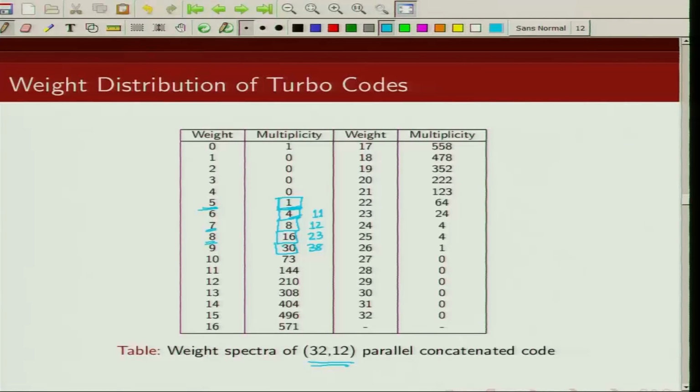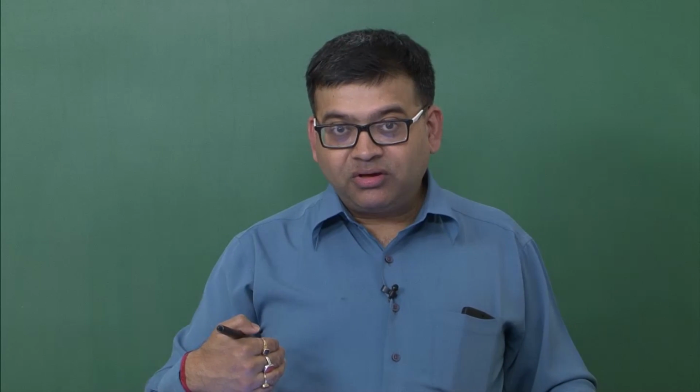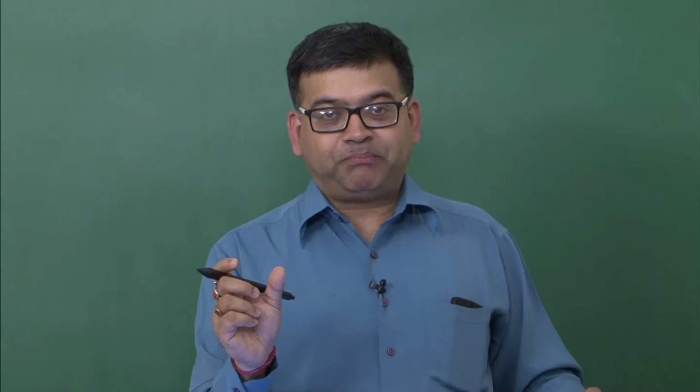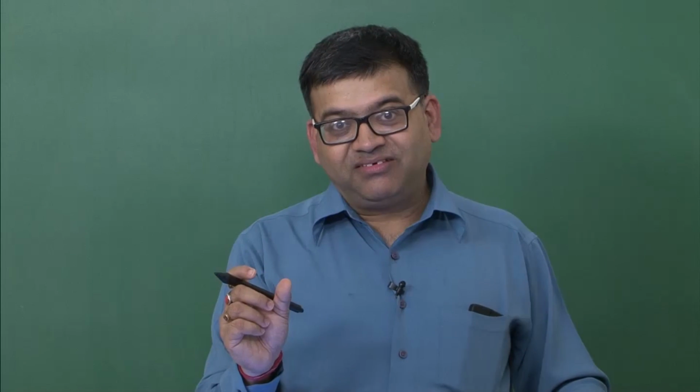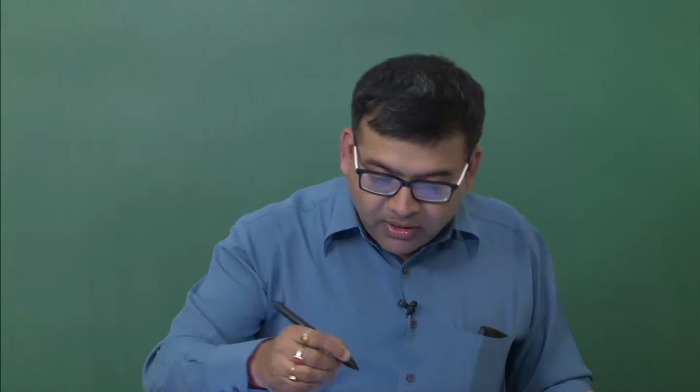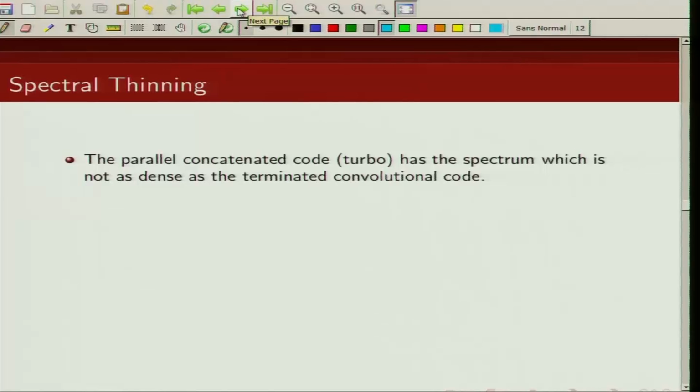So note that in this concatenated code, as a result of the interleaver, the multiplicity of low weight code words is reduced. We considered a very simple example with an interleaver size of just 16. If we increase the interleaver size, this effect is even more pronounced, and this is what we call spectral thinning.